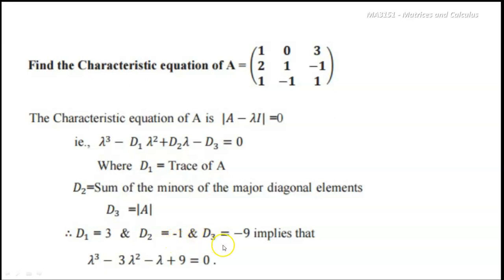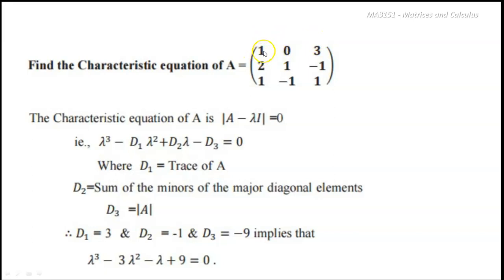Then D3. D3 formula is the determinant of A. Determinant of A, already we all know how to find. In your lower classes, you have studied determinant of A. Just you have to follow the formula as you have studied in your lower class. Determinant of A depends on the first row of the matrix. Consider the first row, first element plus, second element minus, third element plus.